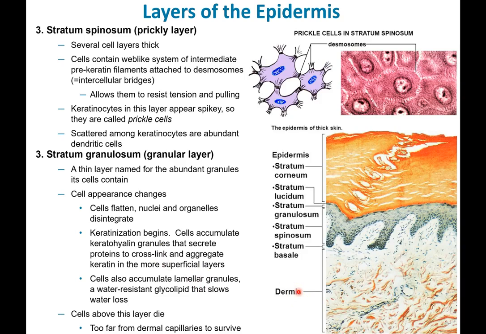Note that all cells above the stratum granulosum are too far from dermal blood capillaries and therefore too far from nutrient supply to survive. As a result, all cells in the layers above the stratum granulosum will die off.